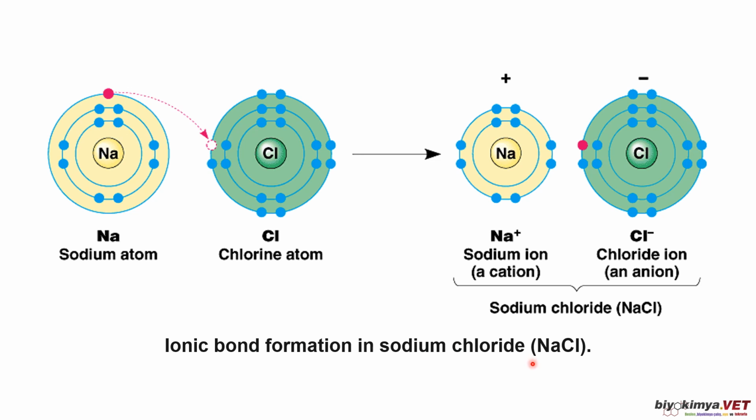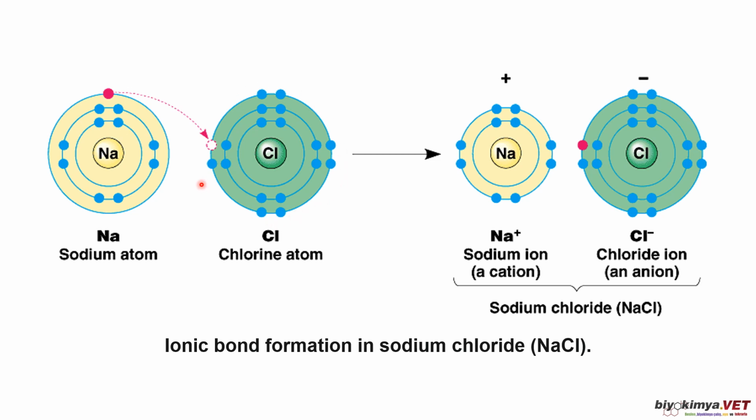And here is another diagram showing the formation of ionic bonding between a sodium atom and a chlorine atom, with sodium having one electron in its outermost shell and chlorine having, when you count, 7 electrons.